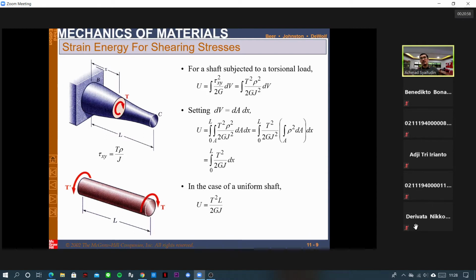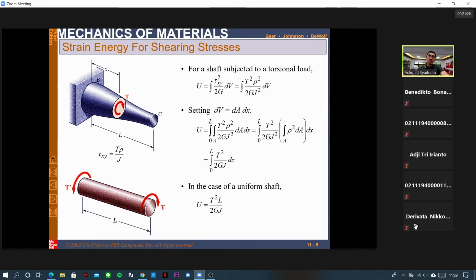You can get the deformation under axial loading, torsional loading, bending loads, and transversal loading. And you have to use the appropriate formulation for the loading type needed.